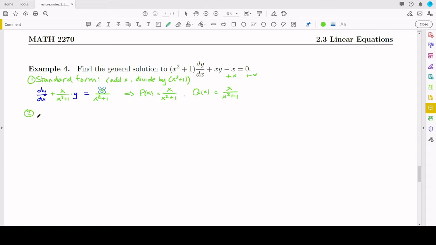Okay, second step is we want to find our integrating factor. So we're going to find mu of x equals e to the antiderivative of p of x dx.